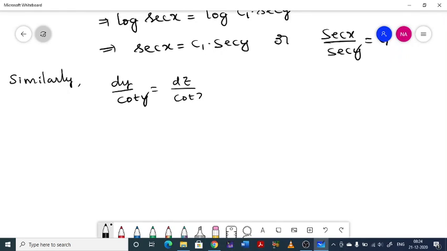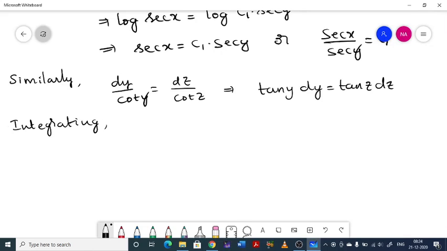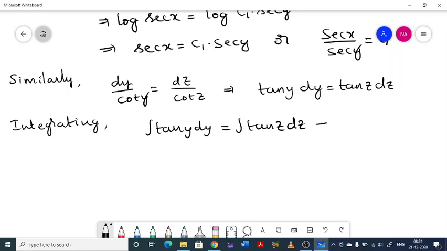So from this one I can write tan y dy equal to tan z dz. Integrating, what we get if we integrate this, integral tan y dy equal to integral tan z dz plus log c2.